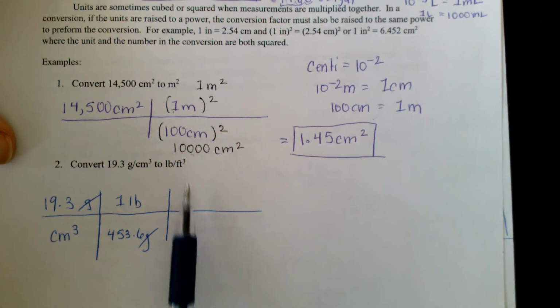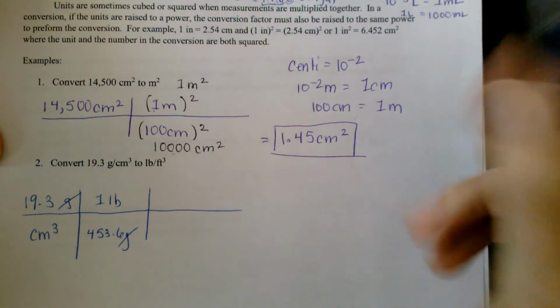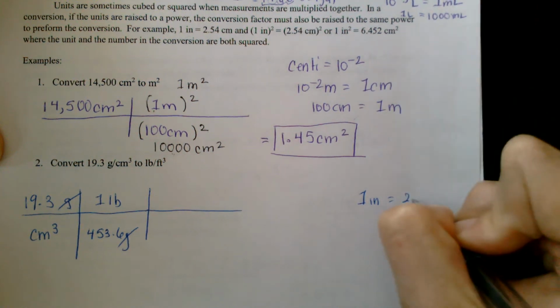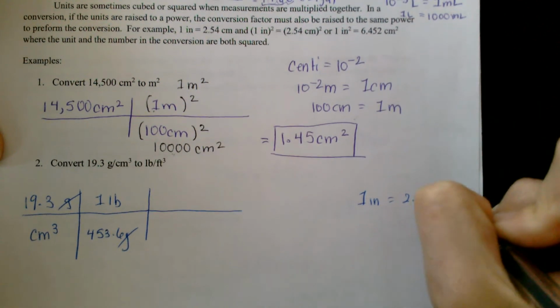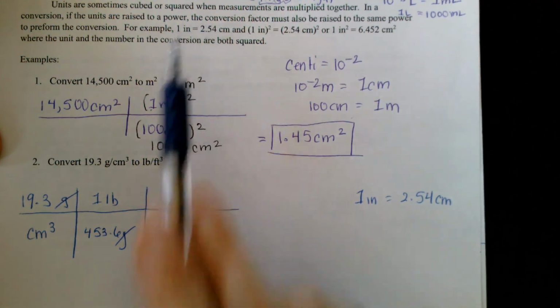Okay, so now we just want to convert our centimeters cubed into feet cubed. If you look in any table of conversion factors, most of the time they give you, for centimeters, that 1 inch equals 2.54 centimeters. Or we had that one up here in our description.